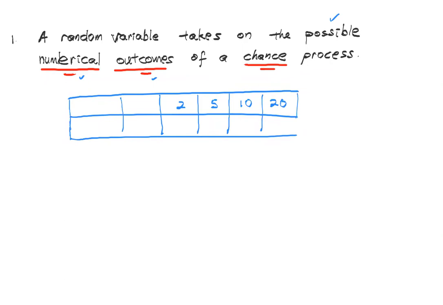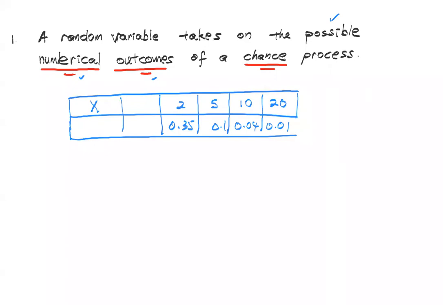All these are the chance. Numerical means it's a number. So we let X represent the price value.